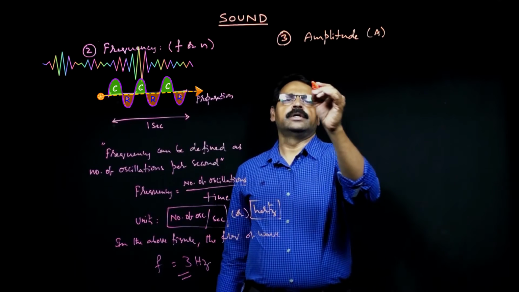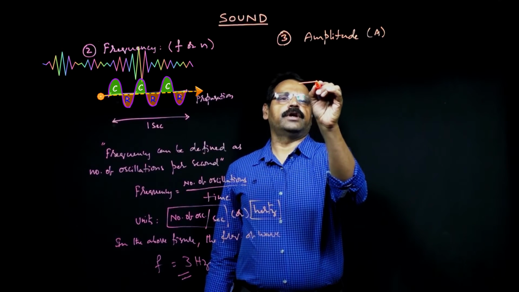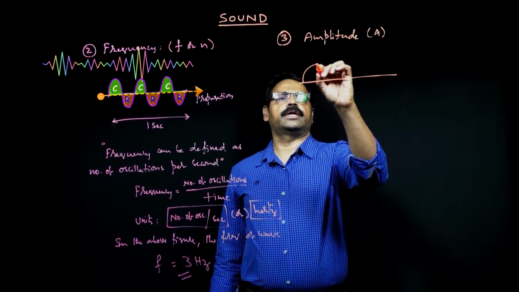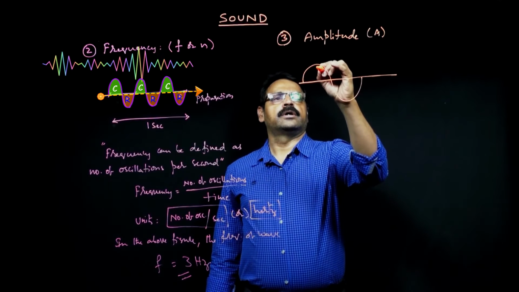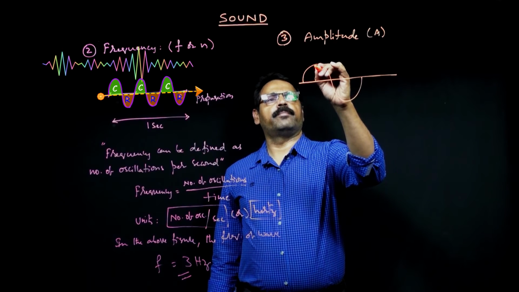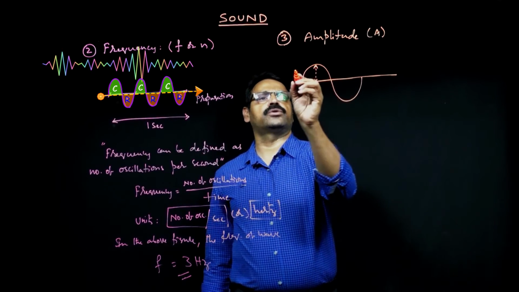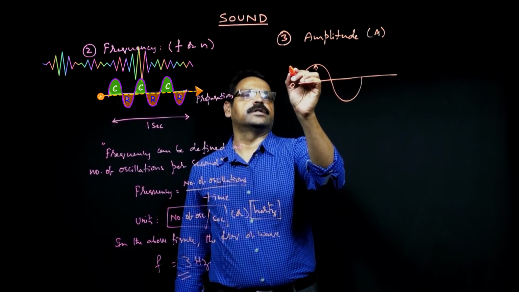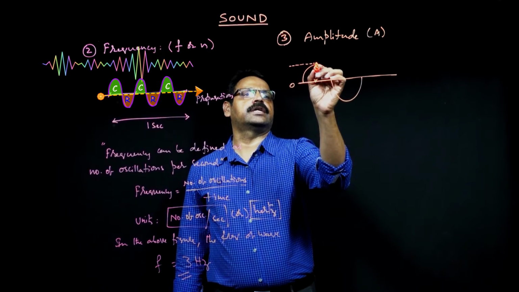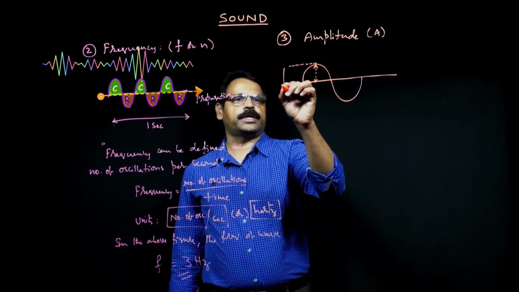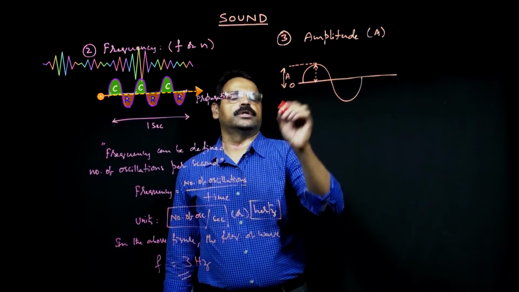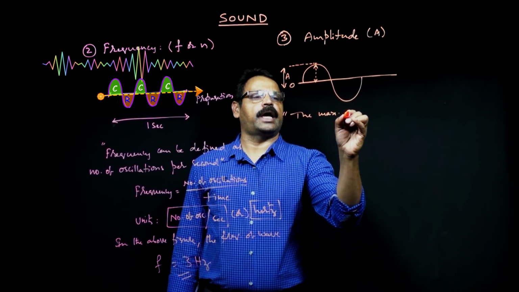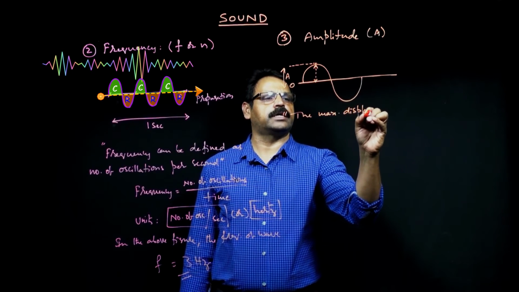Whenever a wave is propagating in this manner, the particles are displaced from their mean positions and reach the maximum displacement. So this is the mean position. If they are displaced from here to a greater extent up to here, this separation is called amplitude.